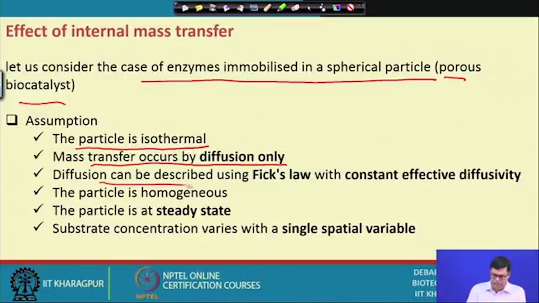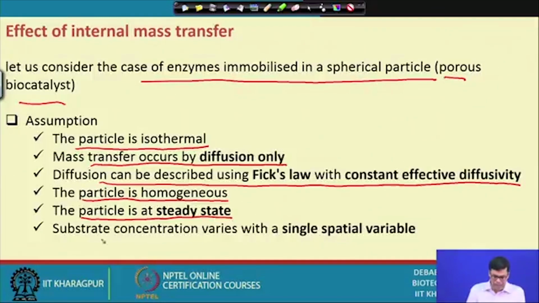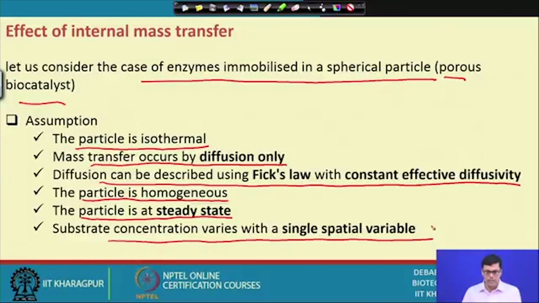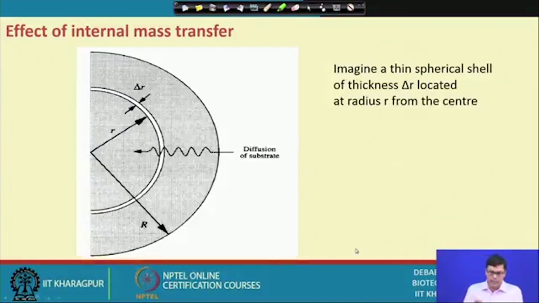The diffusion rate can be expressed using Fick's law with constant effective diffusivity, and the particle is homogeneous. The enzyme is homogeneously distributed, the particle is at a steady state, and the substrate concentration varies with a single spatial variable. If we assume all these things, then we can write this.